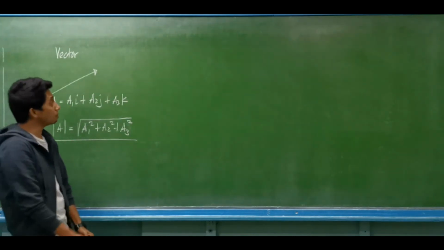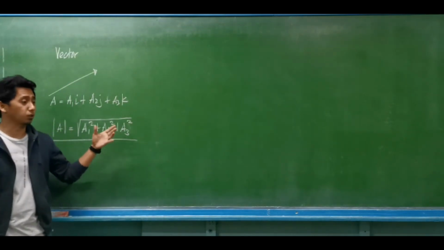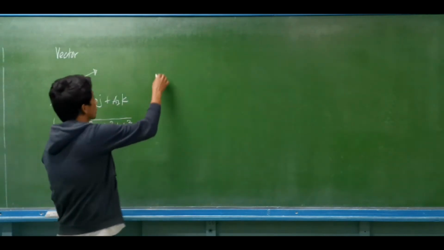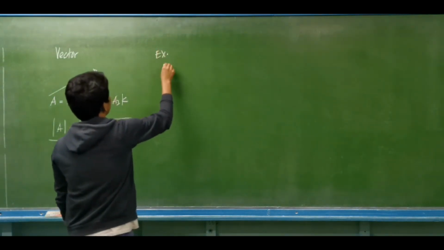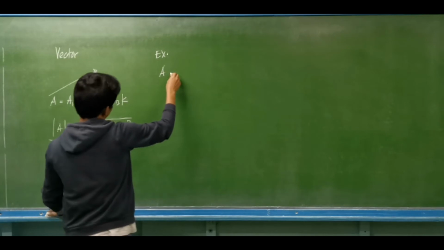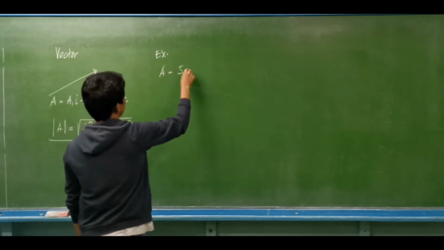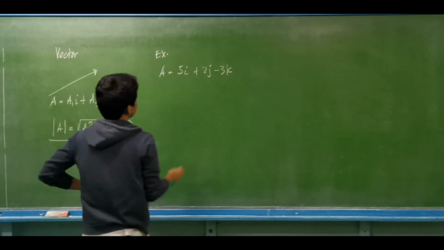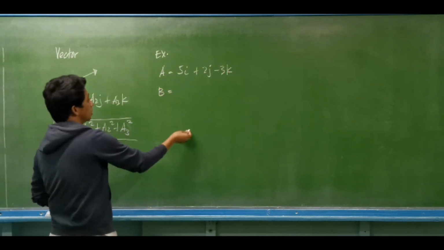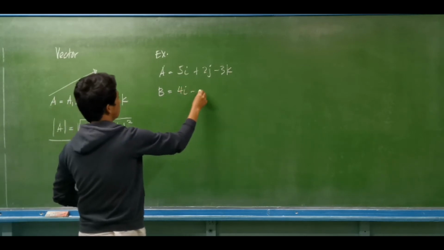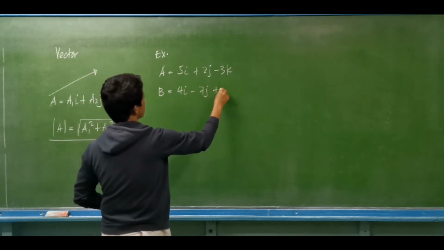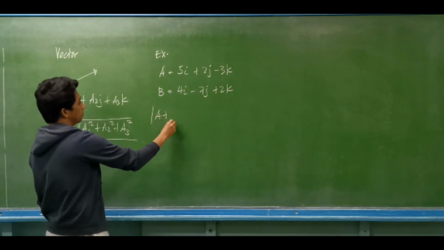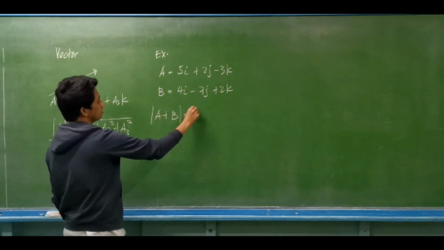So for example, what are the operations for vectors? We can do addition or subtraction. For example, we have vector A with the elements 5i plus 2j minus 3k, and vector B, let's say this is 4i minus 7j plus 2k. The required is, what is the absolute value of vector A plus vector B?